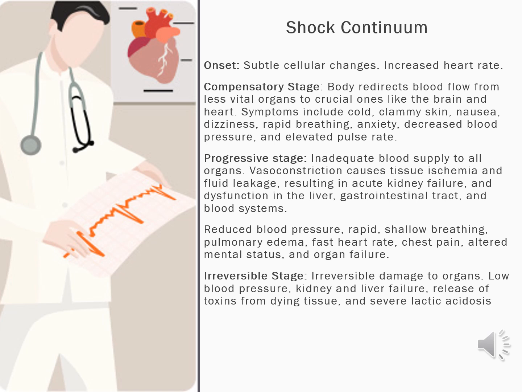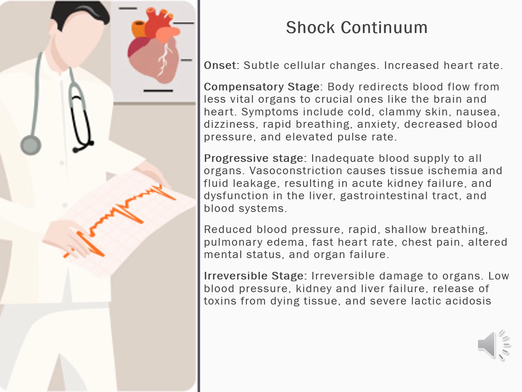If shock progresses beyond the compensatory stage, the mean arterial pressure decreases significantly. This results in inadequate perfusion of all body systems, leading to insufficient pumping of the heart and constriction of the arteries.